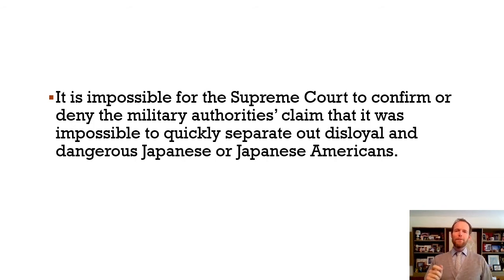It is impossible for the Supreme Court to confirm or deny the military authorities' claim that it was impossible to quickly separate out the disloyal and dangerous Japanese or Japanese Americans.